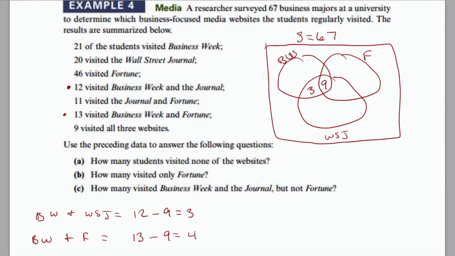So that 4 goes right there. Okay? Now, we have Wall Street Journal and Fortune. 11 visited, minus 9 again, and that's going to give me 2. So that's a 2. So we have everything in the middle.